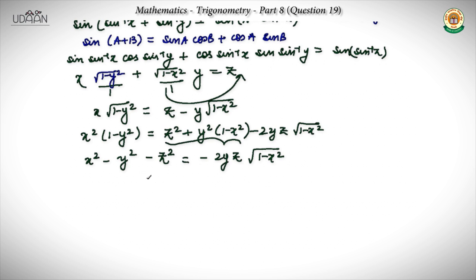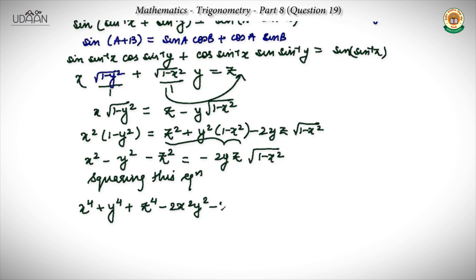Same. हाँ, तो let me square this again. Squaring this equation, I'll get x to the power 4 plus y to the power 4 plus z to the power 4 minus 2x square y square minus 2x square z square plus 2y square z square, correct?